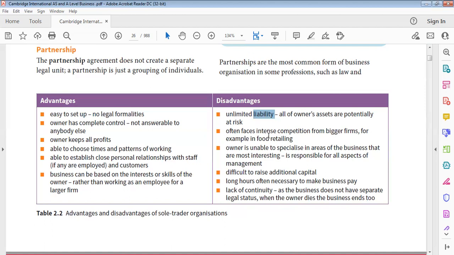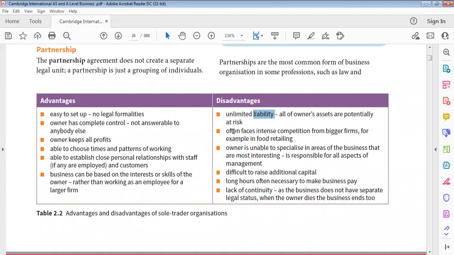That is why it is called unlimited. Clear now? So there is no limit to your liability. Now, what is limited liability? I will come to that later when we study the other type of business.